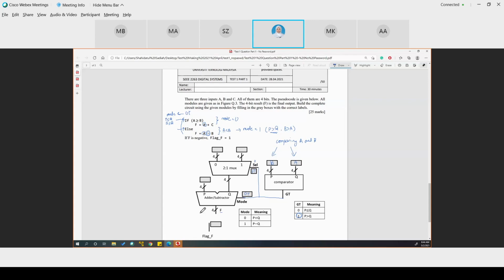In the final adder and subtractor, here is A. This input here is A.